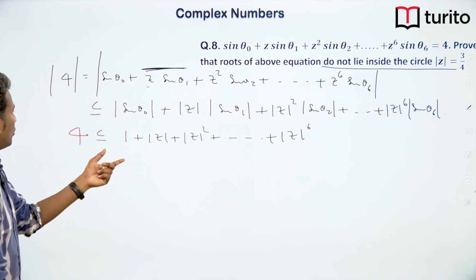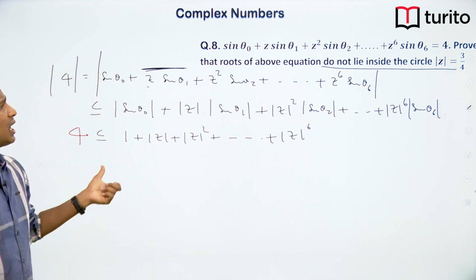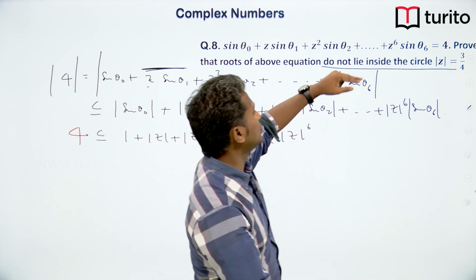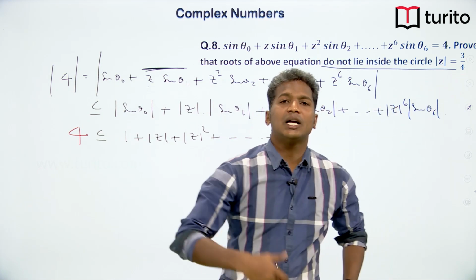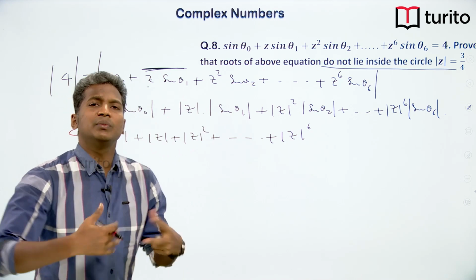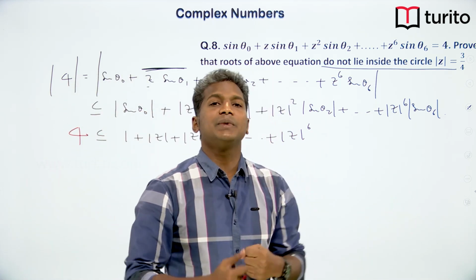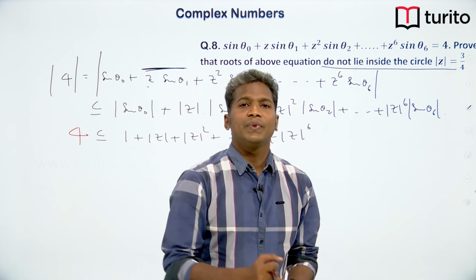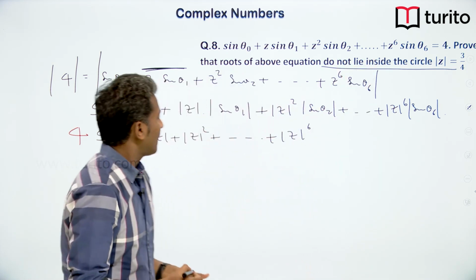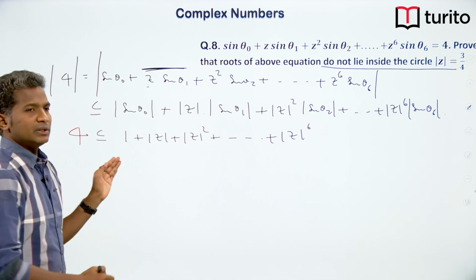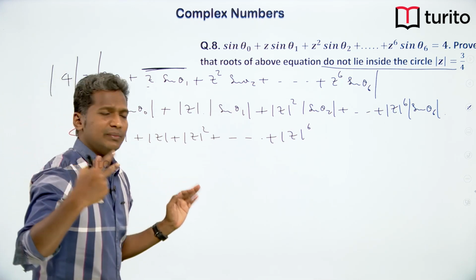Now, I want to analyze this condition and I want to prove that roots do not lie inside this. So, that means for this condition, if I prove that mod z is always greater than 3 by 4, then I have proved the required condition. Now, how do I proceed with this? Here, if I observe, I am getting two ideas in my mind.